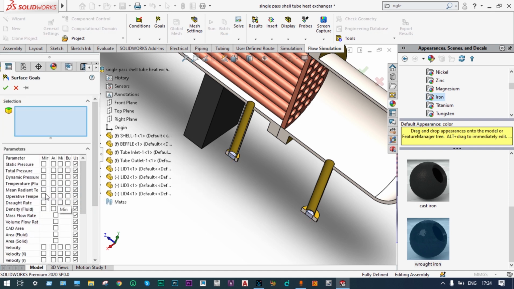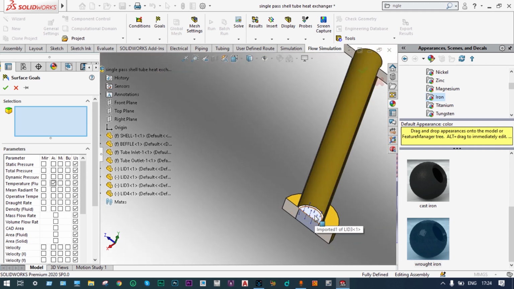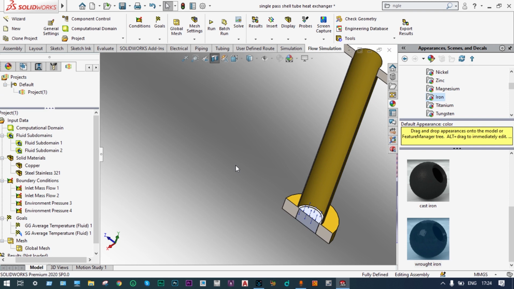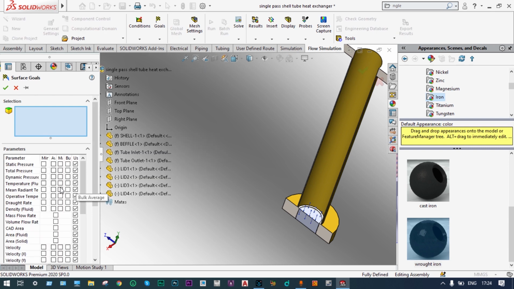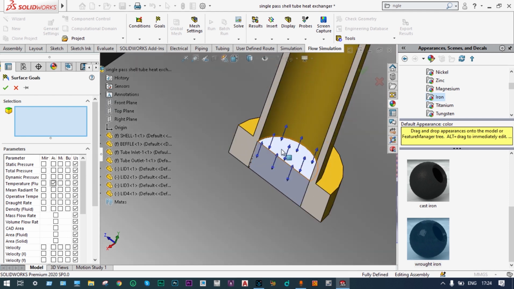We want to have average temperature of fluid at the exit of hot water. Selected, green check. And again another surface goal we want, that is the average temperature of fluid at the exit of cold water. Green check.